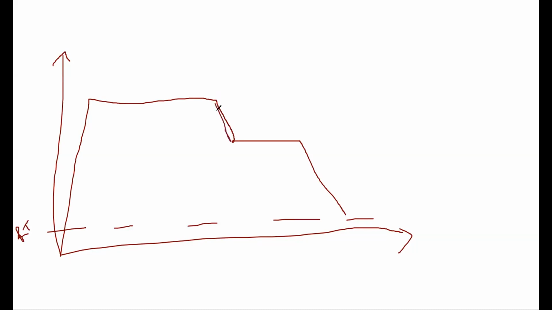You are quenching or cooling down, then you are holding, and then again you are cooling down, right? So what you are doing, you are quenching or cooling from the austenite temperature rapidly to avoid the formation of ferrite and pearlite. Right?